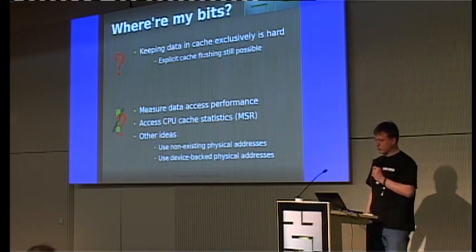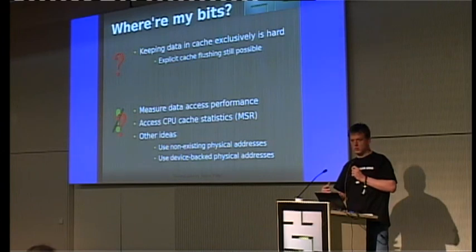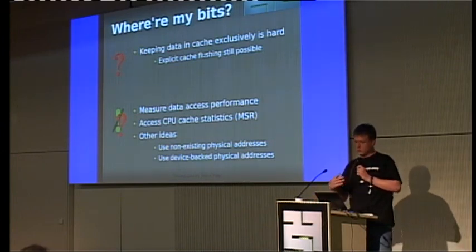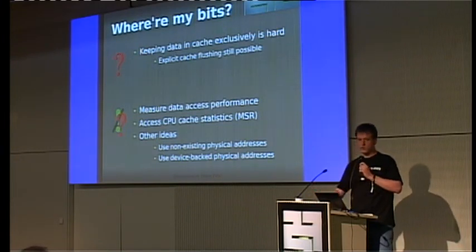Other ideas to make sure that your data doesn't get written back into memory could be to use non-existent physical addresses. So you write your data to a different memory location such that if the cache tries to push it back into memory, it would result in a CPU exception.